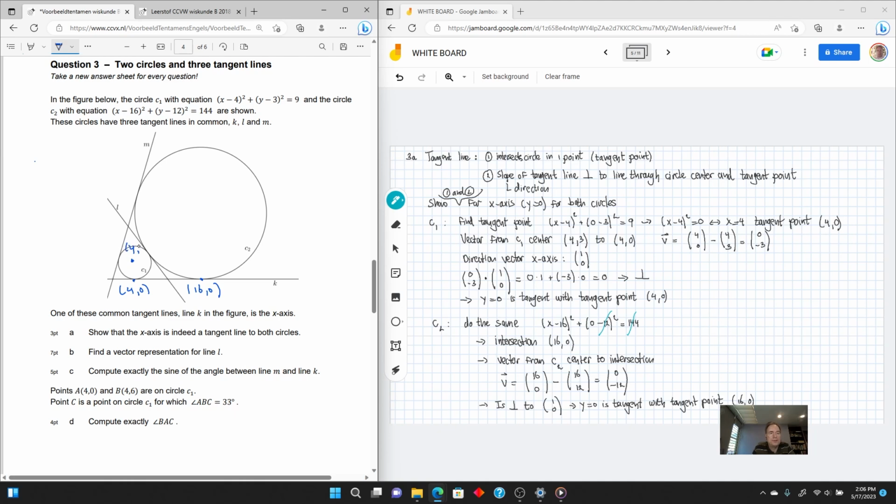So what is the vector from 4, 3 to 4, 0? Well, trivially. Well, let's just work it out.